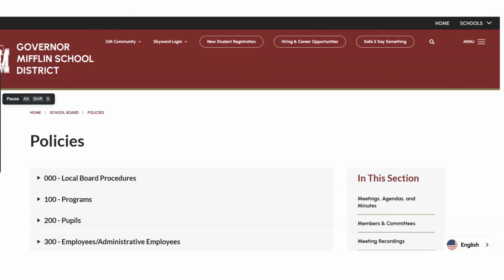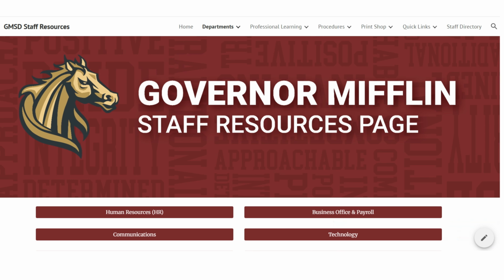In a few moments, we will go through several policies that are listed here on the gmsd.org website. Please take another moment to open another tab and go to the Internal Staff Resources page. This is a page that is only available to Governor Mifflin School District employees, so you must be signed in through Google to your Governor Mifflin account.